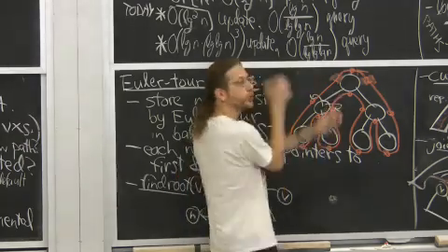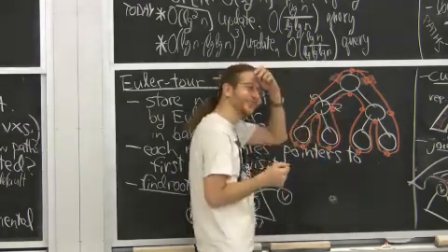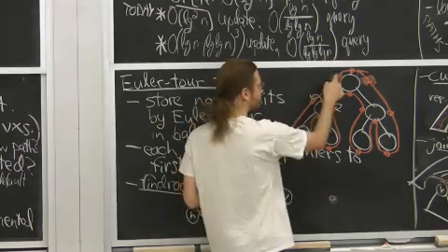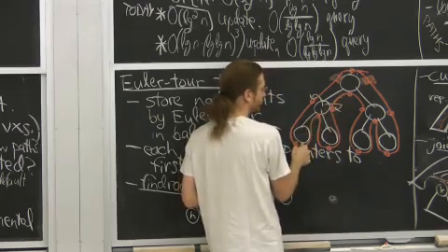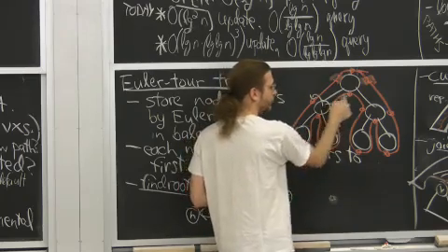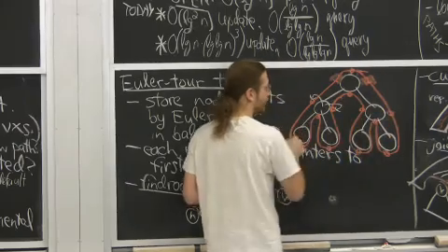And now rotate. What does rotate mean? Well, before it was a sequential order starting here, ending here. Now I want it to be a sequential order, say, starting here, continuing this way, and then ending back here.